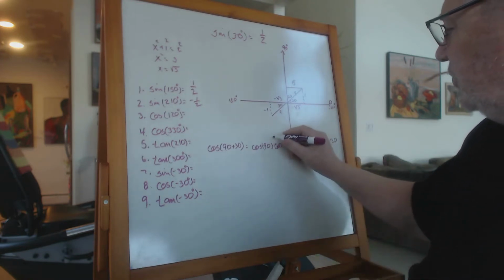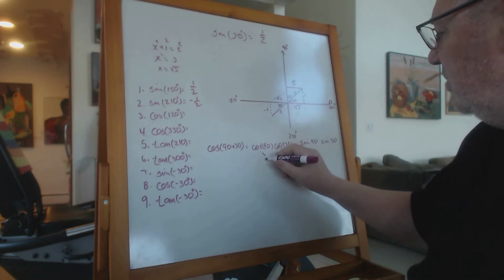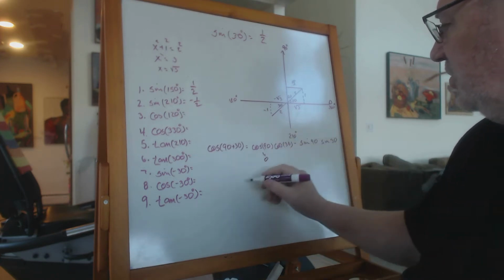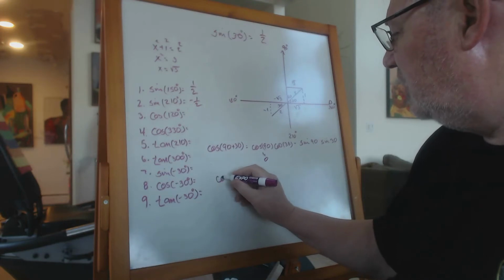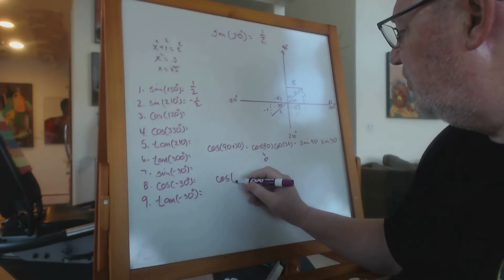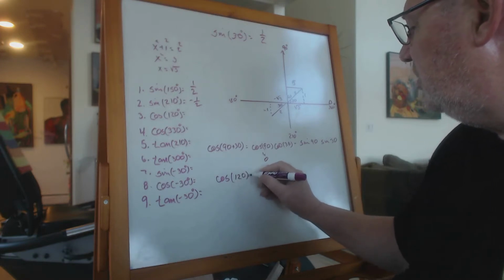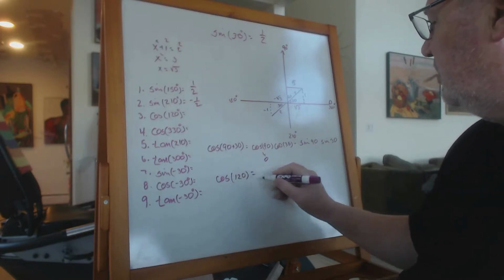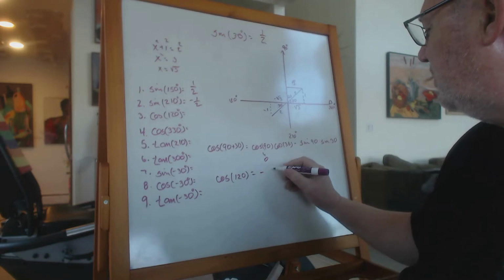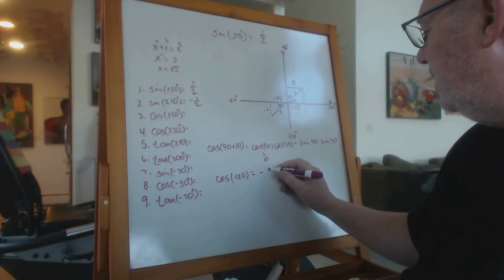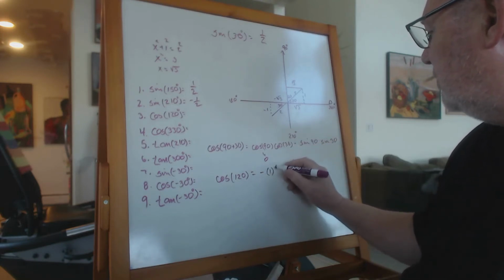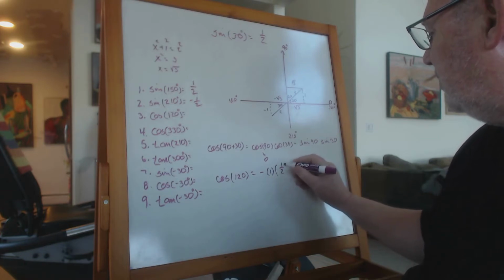We know the cosine of 90 is 0. So that term drops out. So cosine of 120 is equal to minus sine of 90, which is 1, times 1/2.